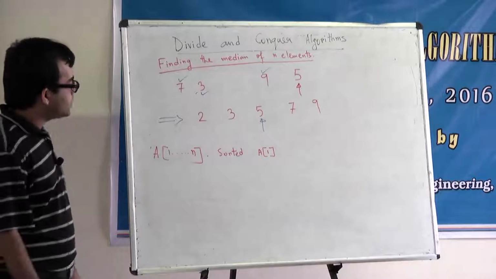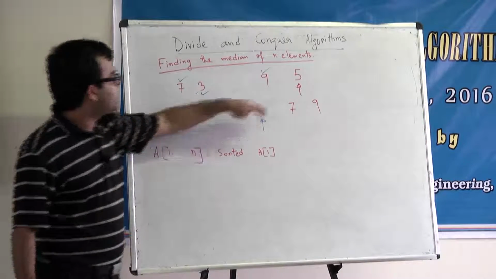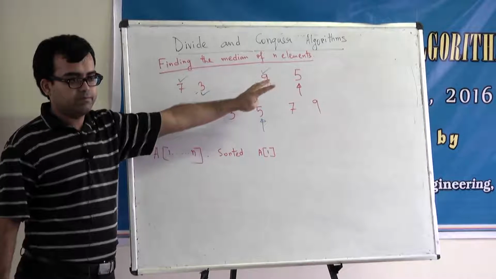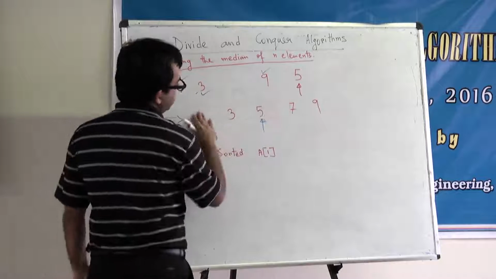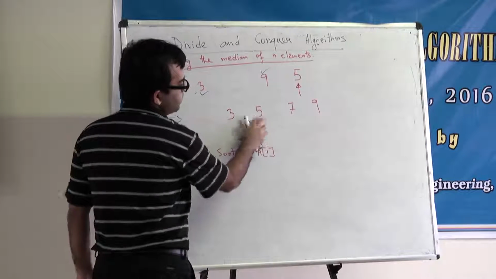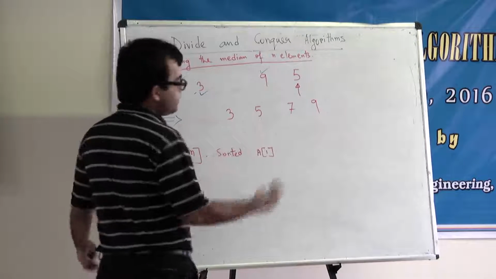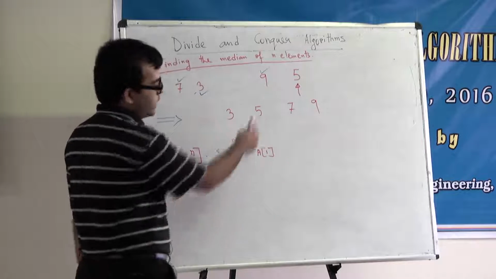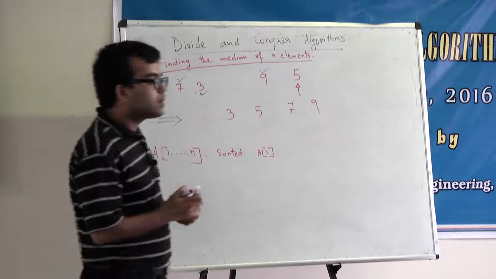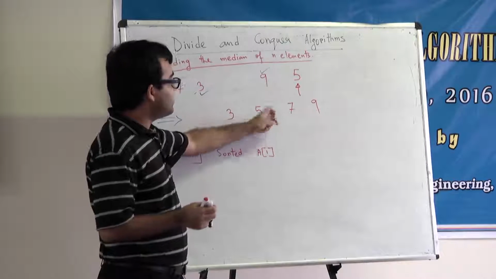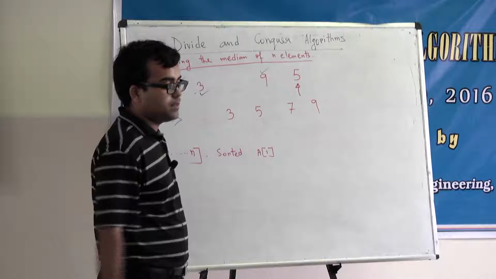Then what would be the median? It's either 5 or 7, you can pick any of them. Because if you arrange them in sorted order, you get 4 elements, and the middle element is not well defined. It's either 5 or 7. The median ought to be some number in the list.